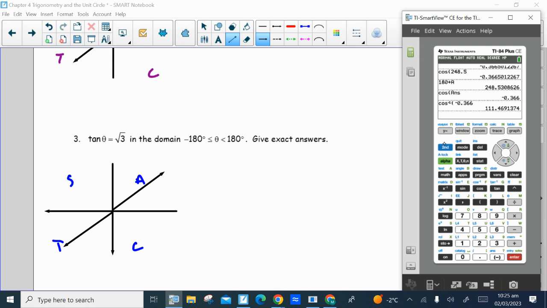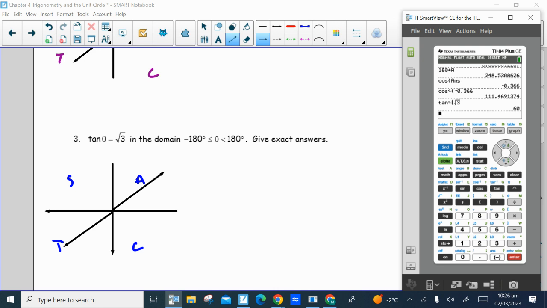So if we go second function tan of root 3, we get our answer of 60 degrees because that was a value on our unit circle, right? At every stop, we had an x and a y, which was the cosine and the sine value, and then we used them to find the tangent by going sine divided by cos.